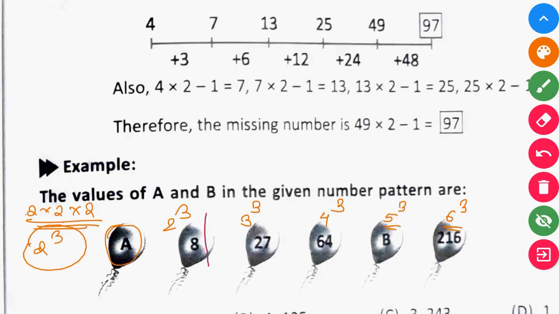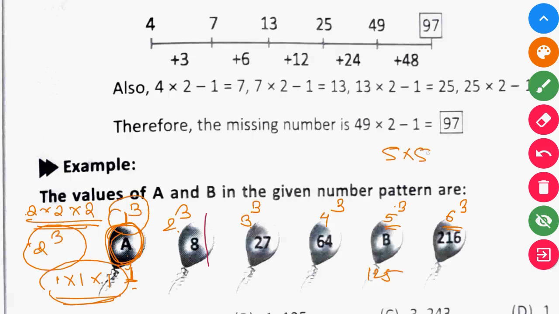So here in place of balloon A, which number will come? The cube of 1, because sequence-wise, 1, 2, 3, we have to arrange the cube of the given numbers. The cube of 1 is 1 only, because even if we multiply 1 infinite times we get the same answer. And the cube of 5 is 125.